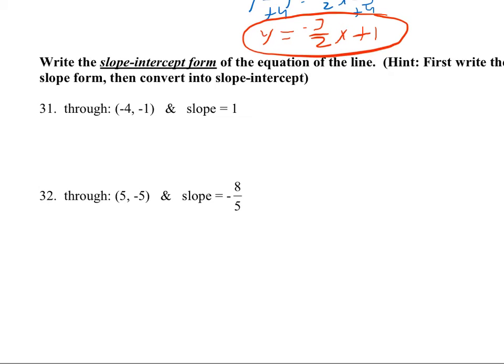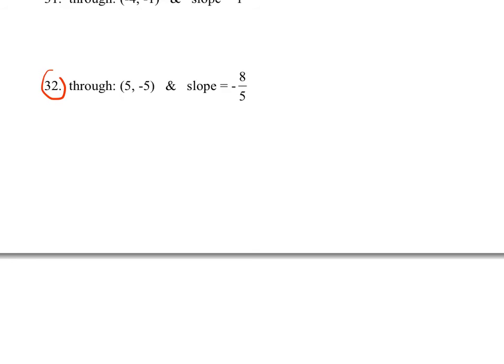Now here we want to write, given these two things, write it in slope-intercept form. I want to go to number 32 here, and I see that we want our answer in y equals mx plus b. But we're going to use our point-slope equation to help us do that.